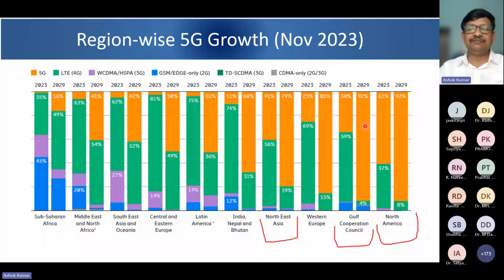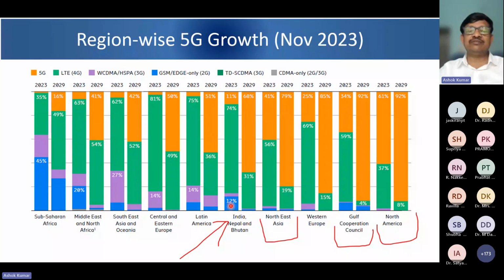And if you look at India, this one, India, Nepal, and Bhutan combined together, although we have rolled out 5G in a very big way, more than 4 lakh BTSs, 4.2 lakh BTSs we have, we cover almost 90-95% of the population on 5G. But as far as customer base is concerned, only 11% customers are on 5G. Rest are still on 4G and 12% on 2G.